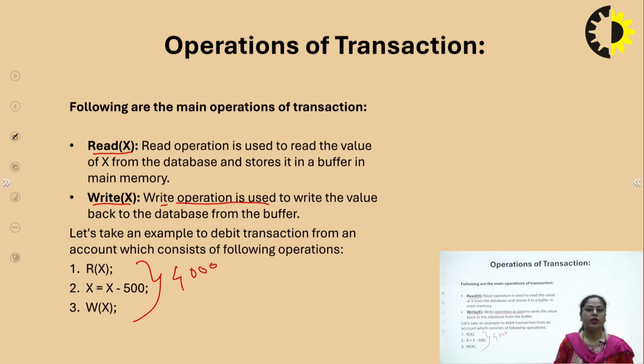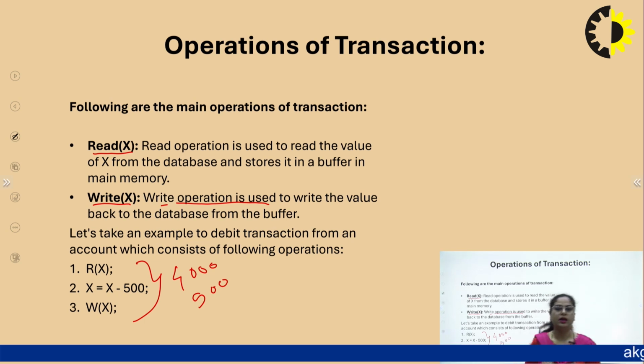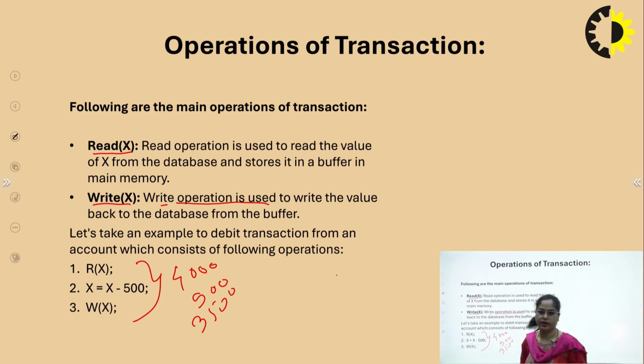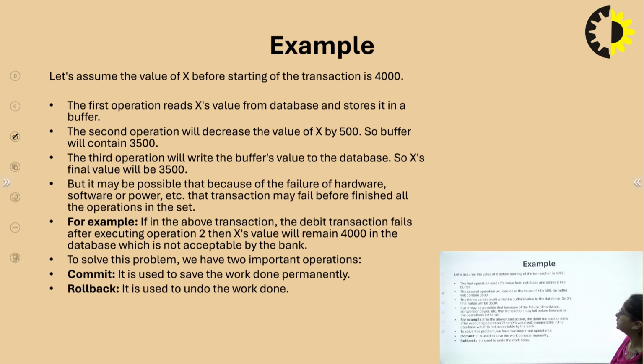Now the operation performed on that value is X minus 500, so 500 is debited. Now write of X is performed, so the decreased value is written in the database. So what will be the value of X? The value of X is 3500.